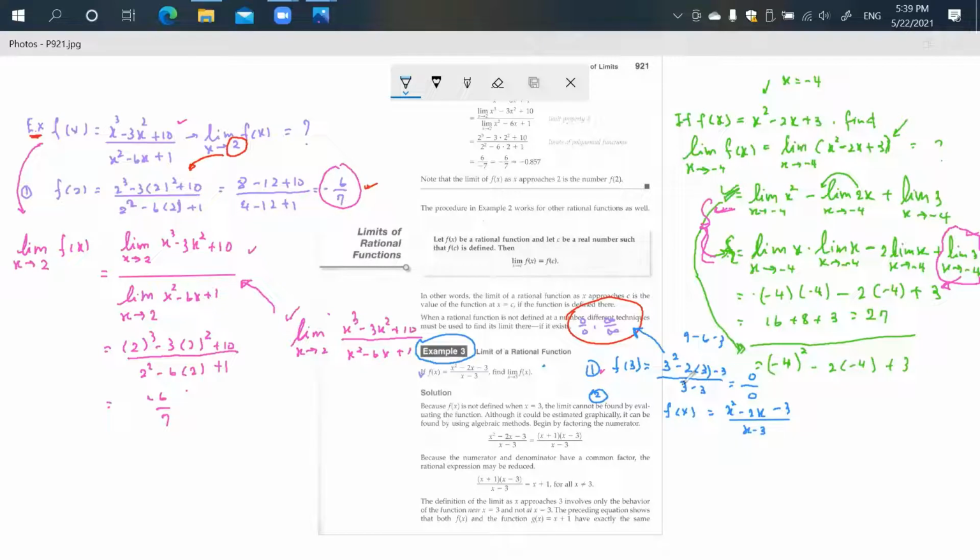So from the question, this is the function, right? Then from this one, you can simplify, correct? You can factor the top. Now, I should separate this one down, so you won't be confused.